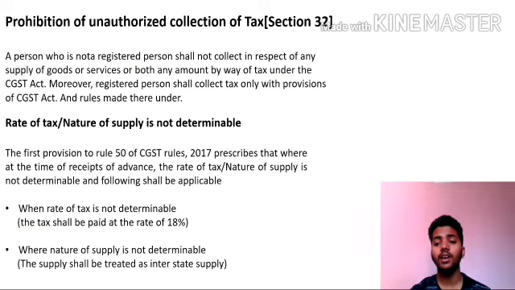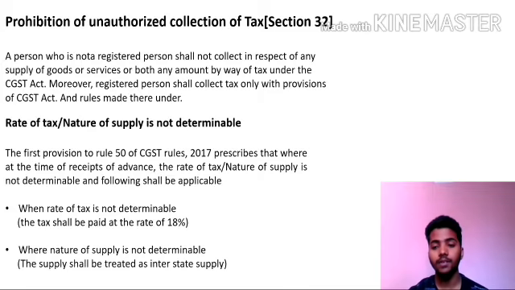So guys, earlier I have discussed section 34, under which I discussed the debit note and credit note. Section 34 subsection 1 defines the debit note and the cases where a debit note can be issued by the supplier to the recipient. And after that I discussed the credit note under section 34 subsection 3, and the cases where a credit note can be issued by the supplier to the recipient of the goods.